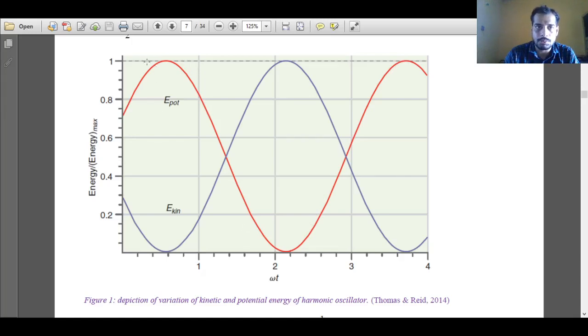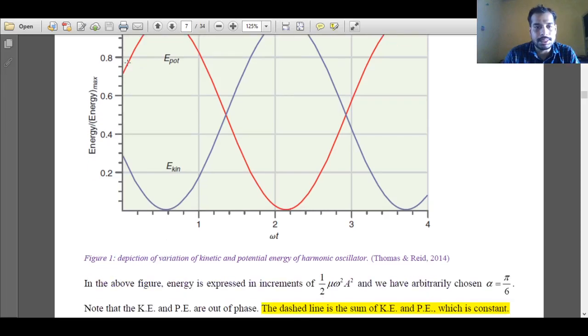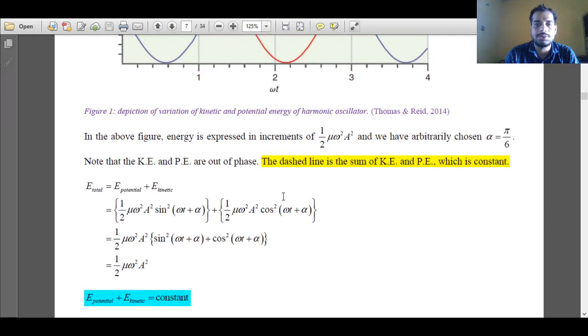The sum of kinetic and potential energy is given by this dotted line, and that remains constant with respect to time. We will see this mathematically.